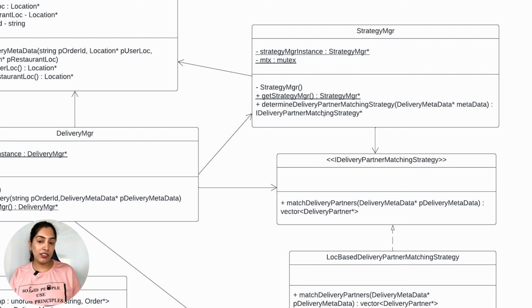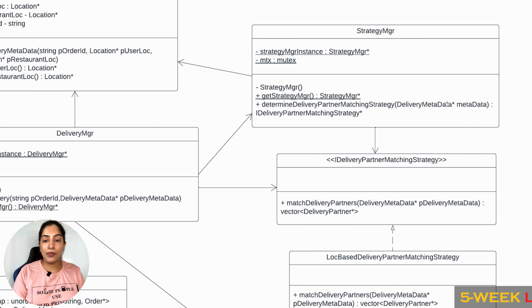The way I've written the code, I'm creating the object over here and returning it. So you can see this as a combination of factory design pattern and strategy design pattern. Why factory? Because I have similar objects, like location-based and rating-based, and I'm creating the object on the basis of delivery metadata.